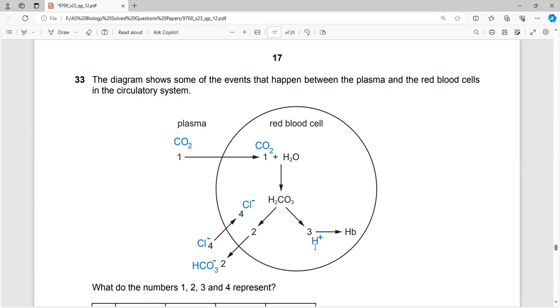Second, number 3 is a hydrogen ion. These hydrogen ions combine with the hemoglobin and produce haemoglobinic acid. In this way the affinity of hemoglobin with oxygen decreases, and it unloads oxygen, which proceeds to the plasma. That's overall the process happening in the body tissue with the red blood cell.